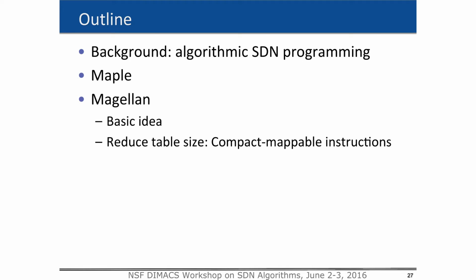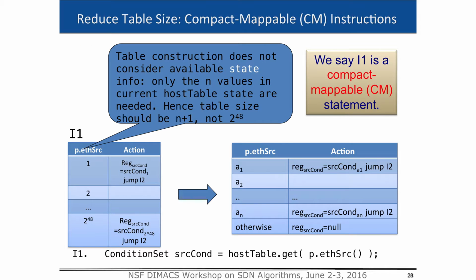So to solve the first problem, to reduce the table size, our basic idea is to identify what we call the compact-mappable instructions in a given program. Still using the GPP code as an example, we see that the first instruction I1, the hash map table lookup, the host table lookup, is actually a CM instruction.